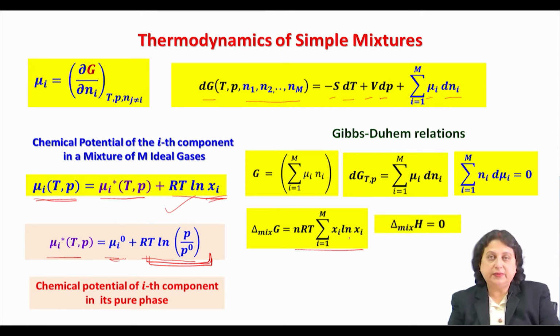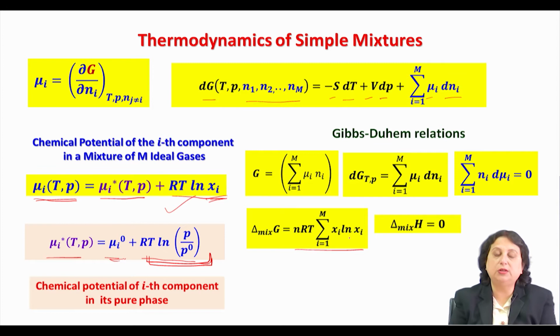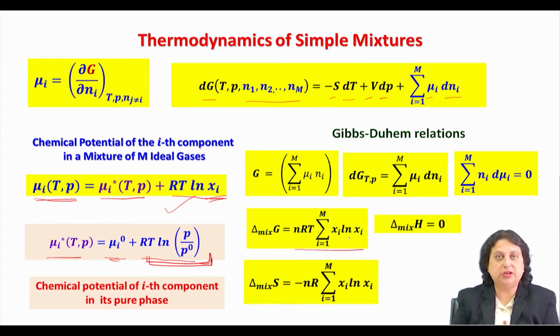Now what is n? n is the sum of the number of moles of all the individual components present in the system. And if this is an ideal gas mixture, then the corresponding enthalpy of mixing is going to be equal to 0 and the entropy of mixing is going to be given by an expression like this.